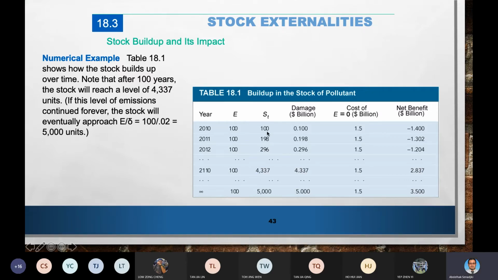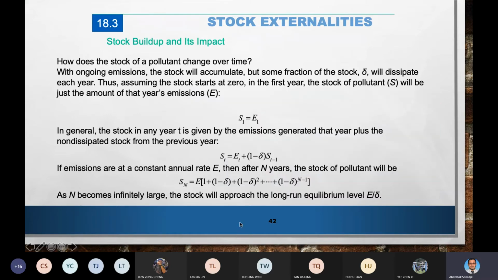Start with 100, then it increases to 199, then 296, following the formula we just did. Then 2009 is 0, for example, and 2010 becomes 100. Then in 100 years it becomes 4,357 units.